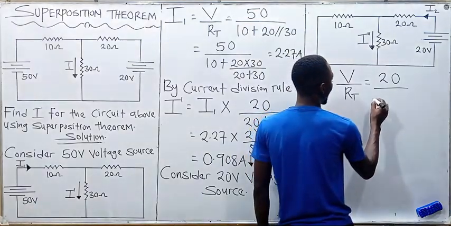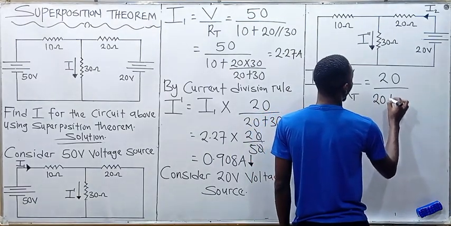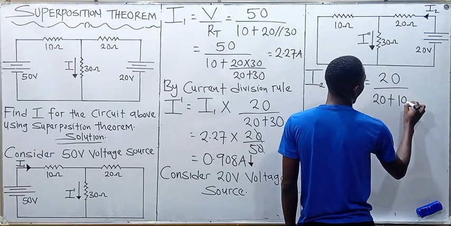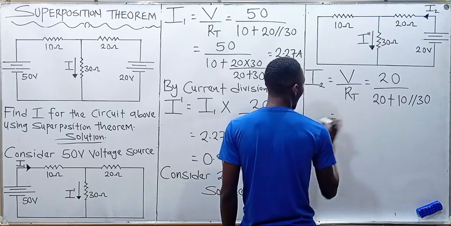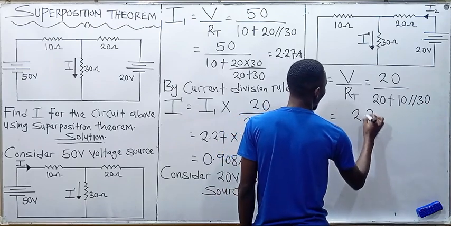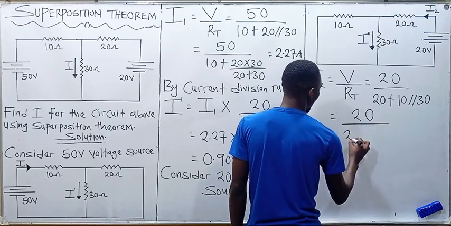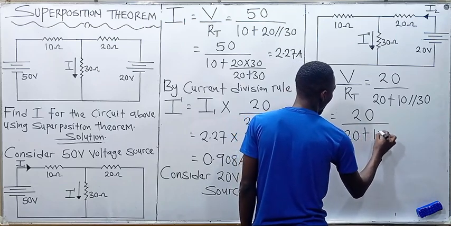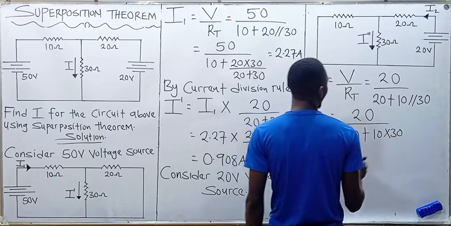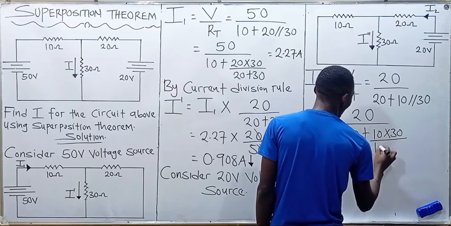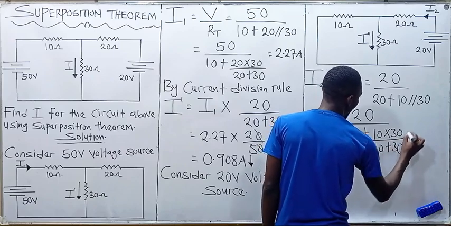So it's going to be 20 plus 10 parallel to 30. So if you write that clearly, you are going to have this to be 20 all over 20 plus 10 multiplied by 30, then divided by 10 plus 30.